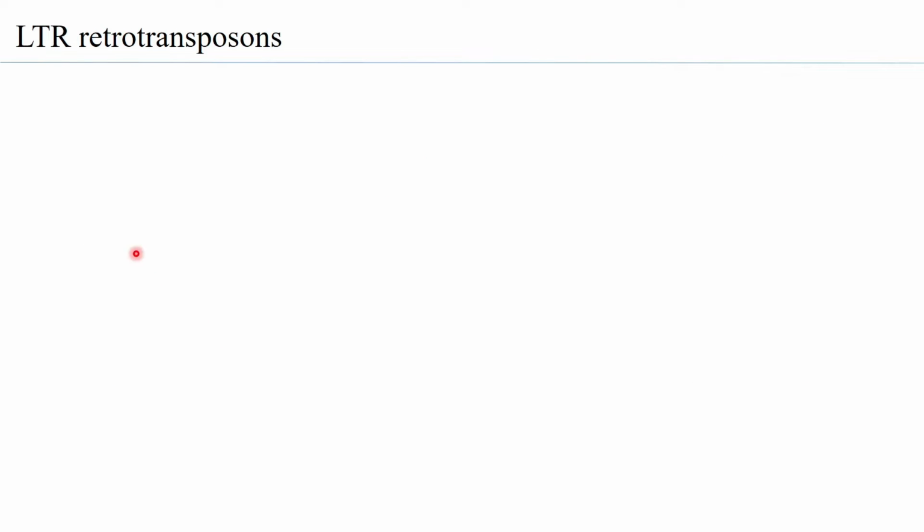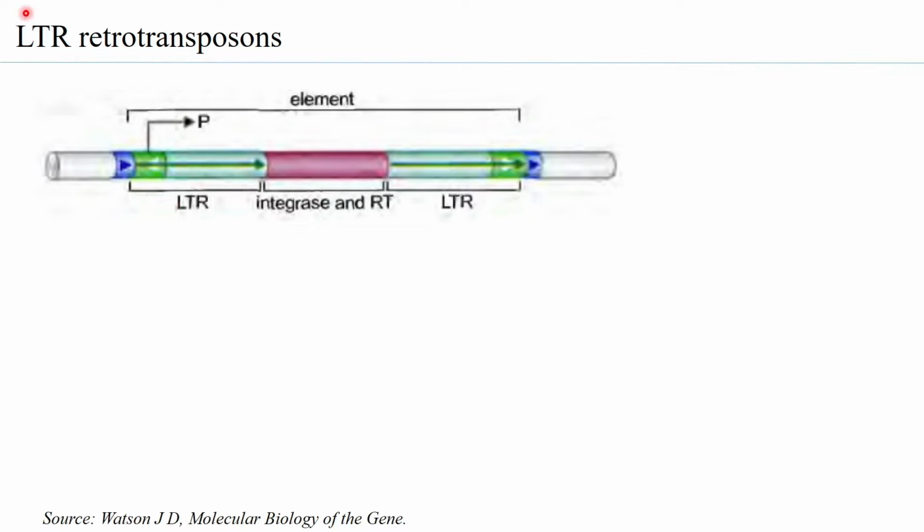Now let us go to the long terminal repeat retrotransposons and look at its structure. As the word suggests, a long terminal repeat retrotransposon has an open reading frame, and this open reading frame comprises genes that give rise to proteins that are required for transposition, and flanking the open reading frame are long terminal repeats.